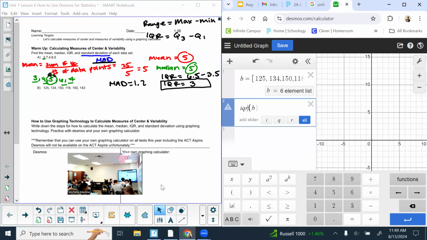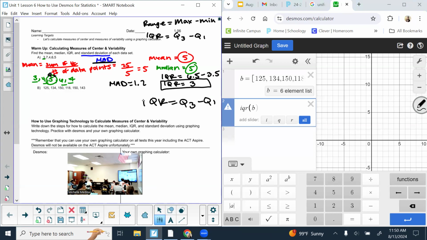So IQR is a little bit tricky because if I just type in IQR, it doesn't recognize that as a function. So I would have to know the formula for IQR. Class, what's the formula for IQR? Star it, highlight it, make a flashcard, something, you need to know that. That's the one thing the calculator won't directly tell you, but it can tell you your quartiles, like I showed you earlier.